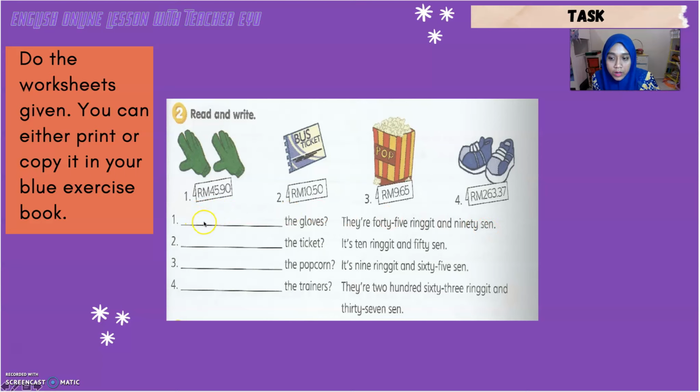What you have to write here is whether how much are or how much is. Remember, how much are we use for plural, more than one. How much is we use for singular, untuk satu. So glove, there are two of them. So we use how much are the gloves. This also you have to copy in your blue exercise book.